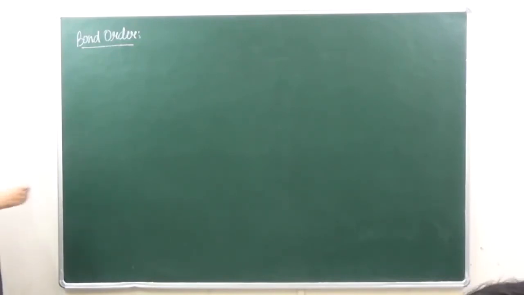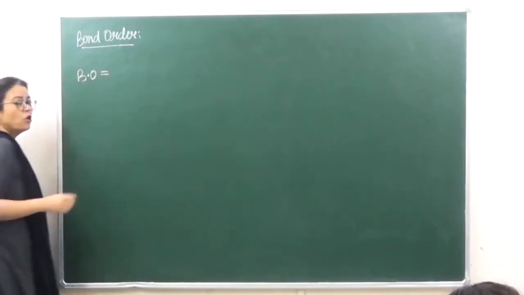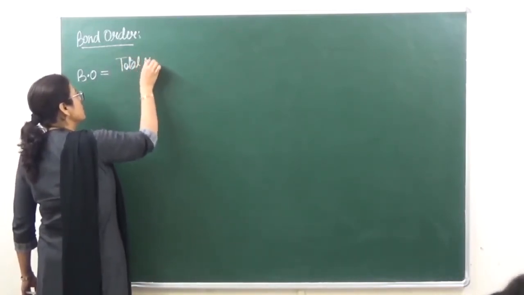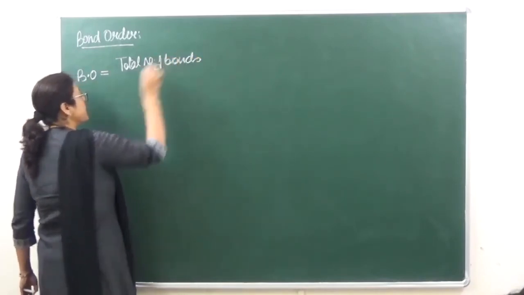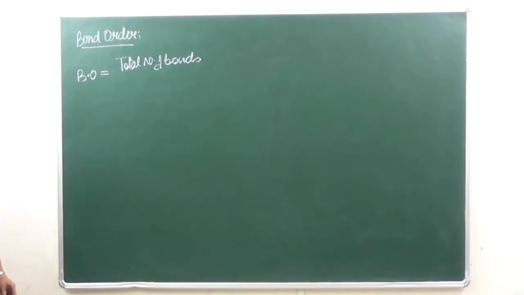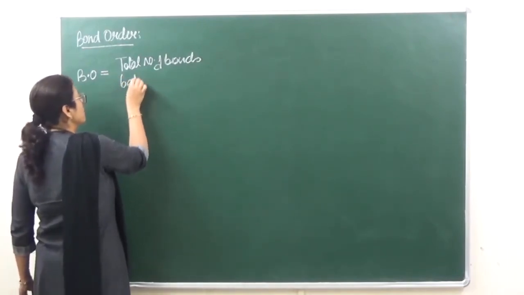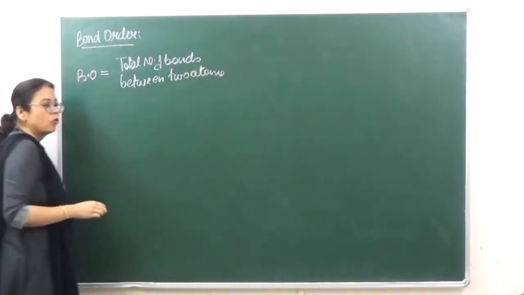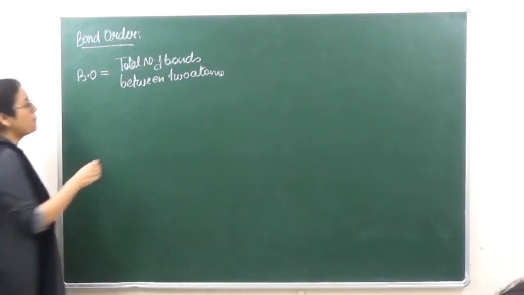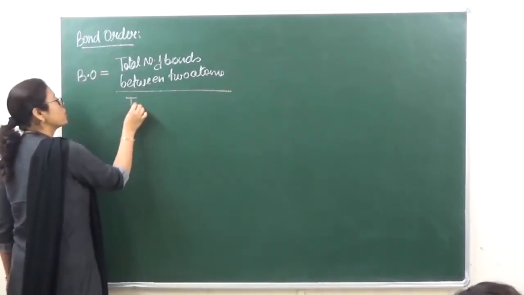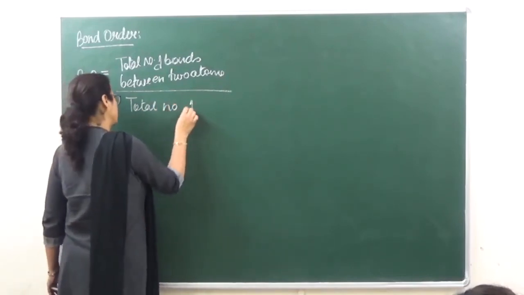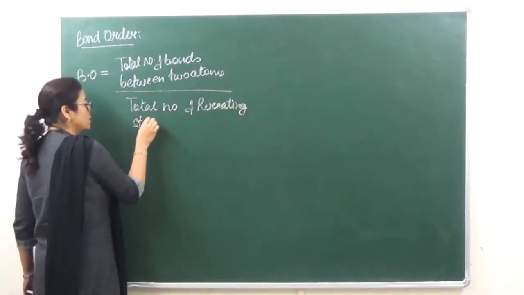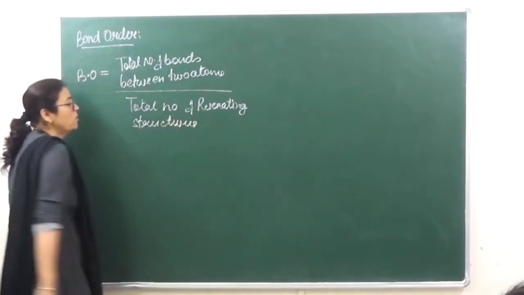Now when we are calculating the bond order, it is said that bond order is equal to total number of bonds between two atoms in all the structures upon total number of resonating structures.